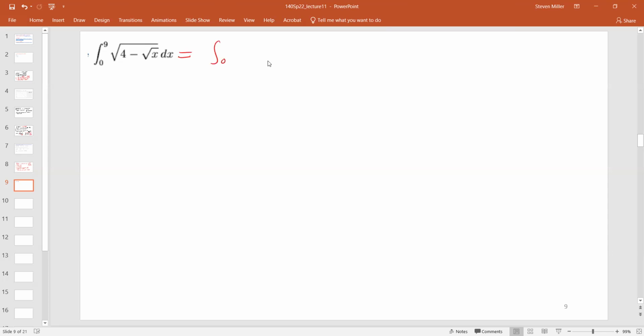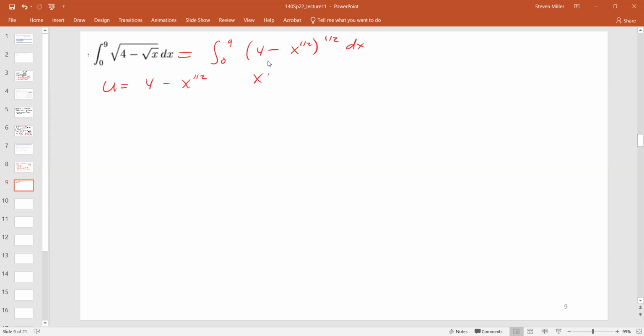This is the integral from 0 to 9 of (4 minus x to the 1/2) to the 1/2 dx. We can write it like that. That's perfectly fine. So we can try that. Let's try u equals 4 minus x to the 1/2.